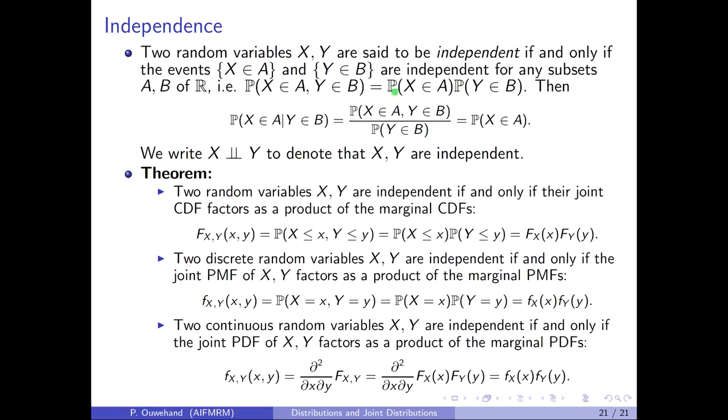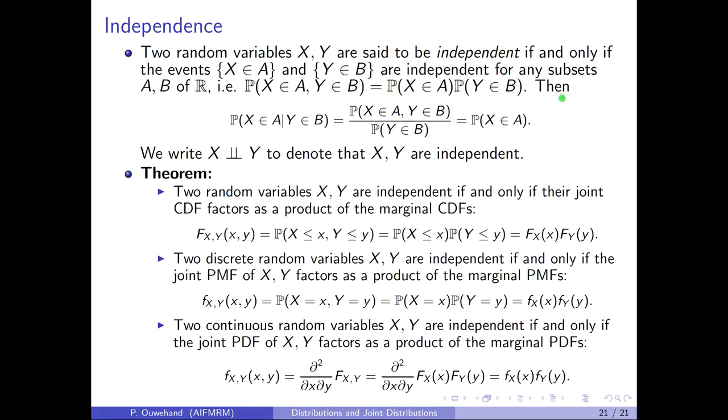In terms of conditional probabilities, this means that the conditional probability that x belongs to A given that y belongs to B, which by definition is given by this ratio, is just equal to the probability that x belongs to A, because the numerator here splits as a product, and therefore the probability that y belongs to B cancels out.